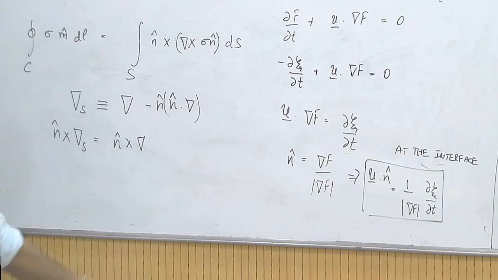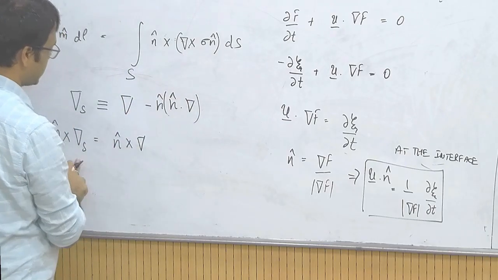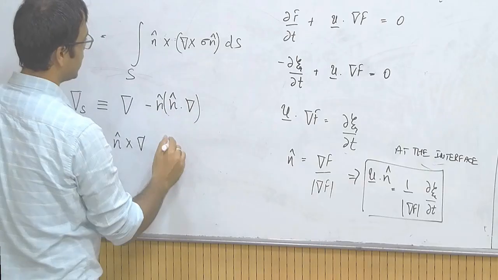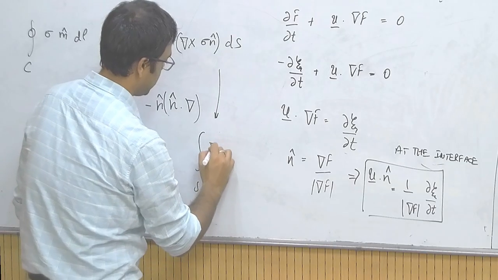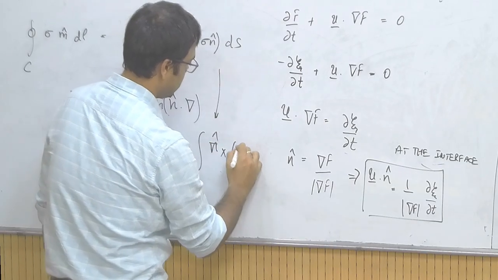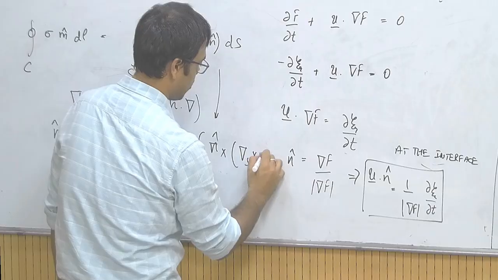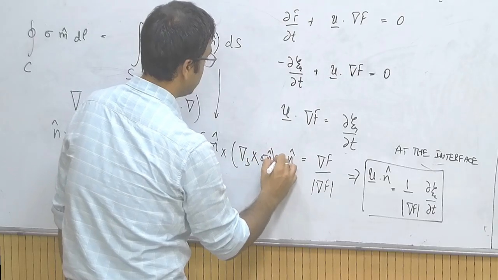So I am going to replace this grad with grad s, and I am going to say that this quantity is equal to n hat cross grad s cross sigma n hat ds.